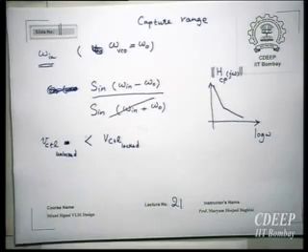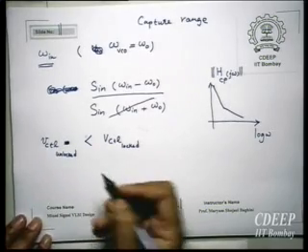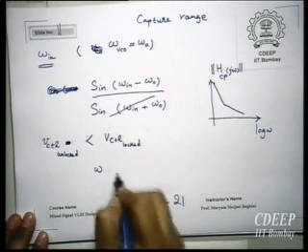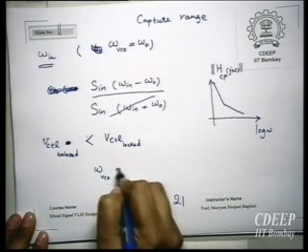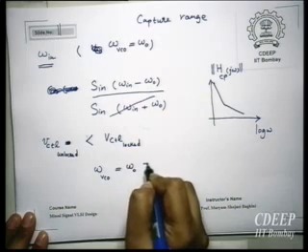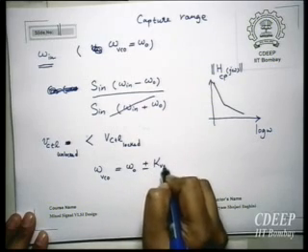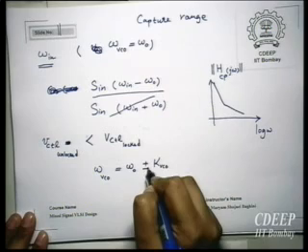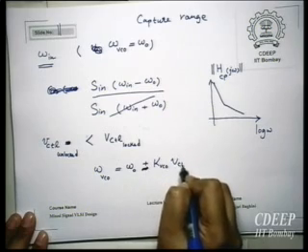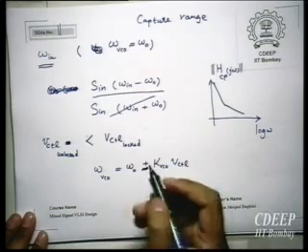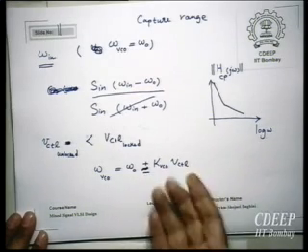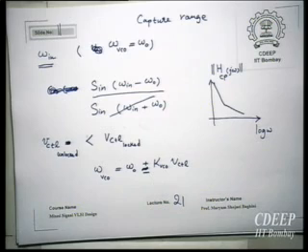When this is applied to the VCO, see, omega VCO is omega 0 plus or minus K VCO times VCTL. VCTL can have negative or positive values. I keep it here and consider VCTL as an absolute value.